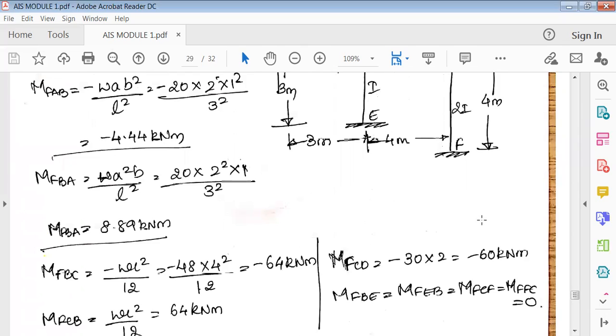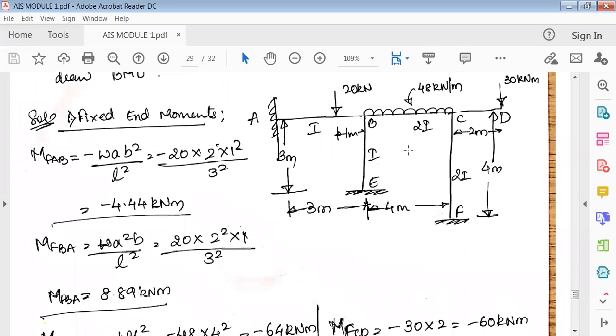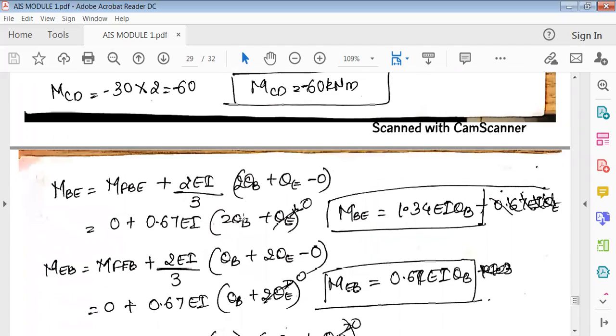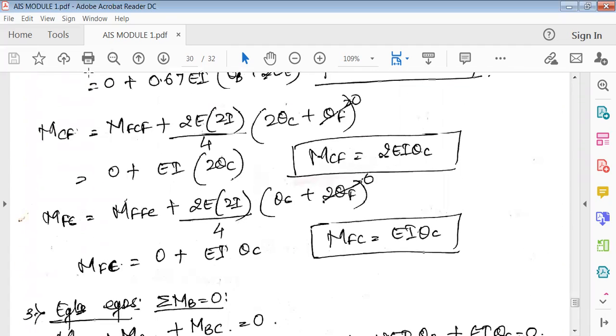It is this joint, CF, FC. So C will exist, F will not exist because F is a fixed joint. MFCF plus 2EI by L, 2 times theta C plus theta F. We are left with only 2 times EI theta C.